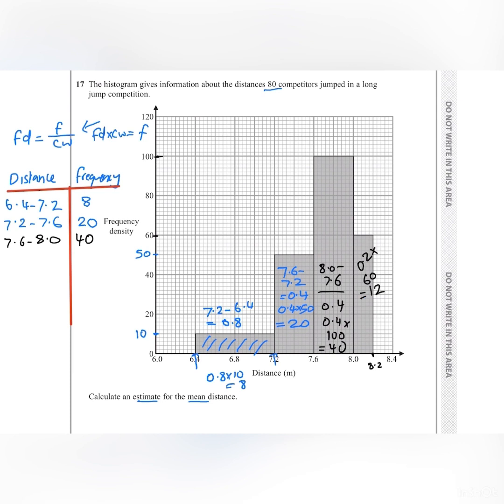So let's write this down: 8.0 to 8.2, and we have 12 people represented here. Now, the total should add up to 80. So that's 60 in the middle, and then 8 and 12 makes 20. So that's 80 people altogether, which is a good sign that we have done our calculation correctly.